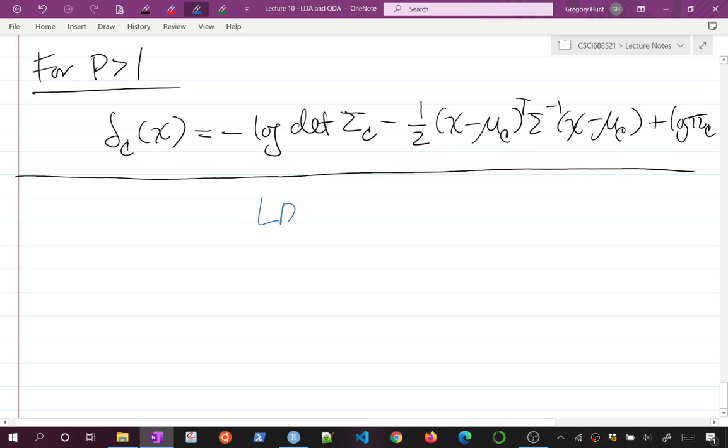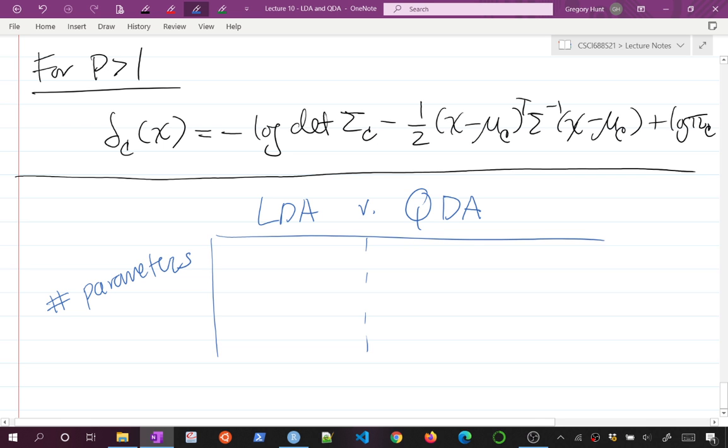So we can do a quick little comparison of them. Let's say LDA versus QDA. We can look at, say, the number of parameters. I'm not going to make you count up the parameters.